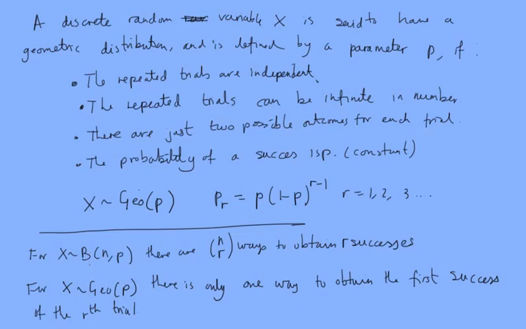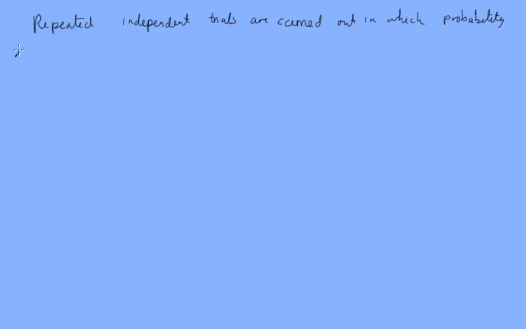Let's do some examples and hopefully it'll start to become a bit clearer. Repeated independent trials are carried out in which the probability of success is 0.66.